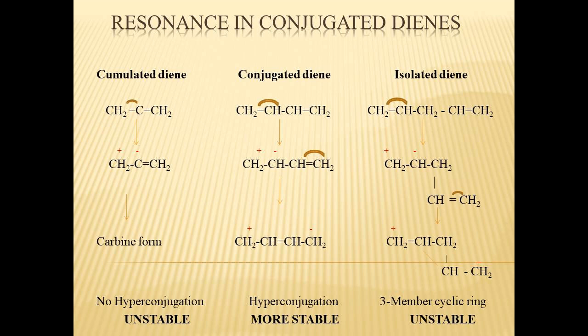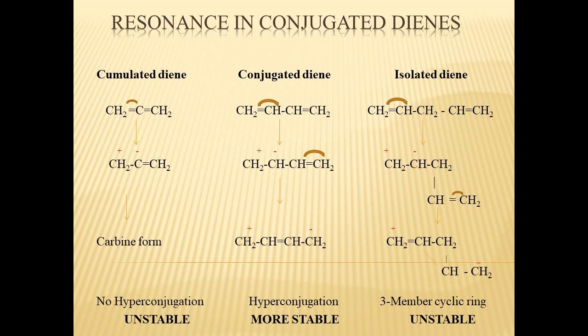Next, on the left-hand side, you can see isolated dienes: CH2 double bond CH, single bond CH2, single bond CH, double bond CH2. That is the first, second, third, fourth and fifth carbon. In the first carbon, the CH2 double bond breaks. What happens? CH2 plus, single bond, CH minus. Another one: the fourth and fifth carbon's double bond breaks.